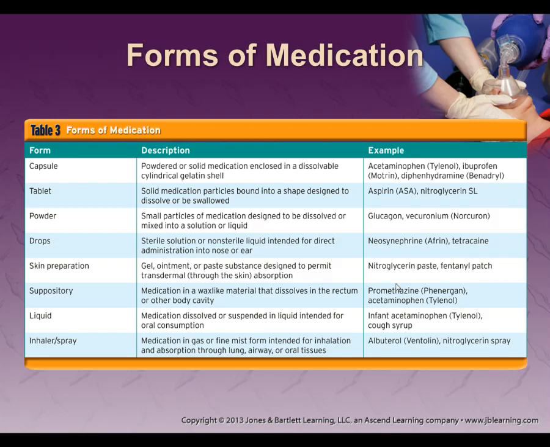A liquid medication is a medication that's either dissolved or suspended. So when you take a liquid antibiotic, that's generally a suspension, and it's given orally. And then inhalers or sprays. Usually those are related to your lungs. Nitroglycerin comes in a spray form or a sublingual tablet for the heart, or it can be an inhaler like albuterol or Xopenex.